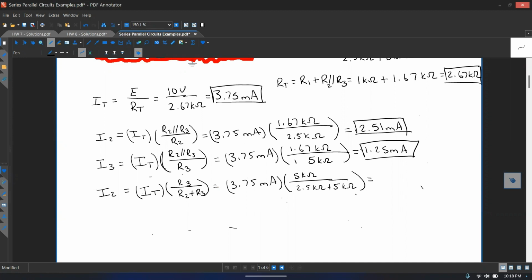All right, so I'm going to plug that into the calculator and see if we get the same thing. 3.75 times 5, and really the denominator is just 7.5 e to the 3.